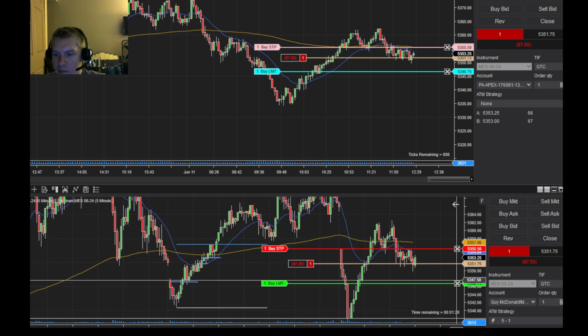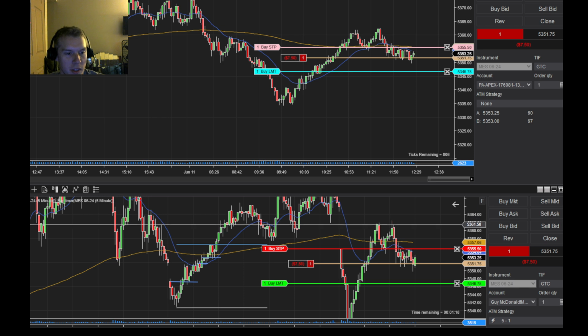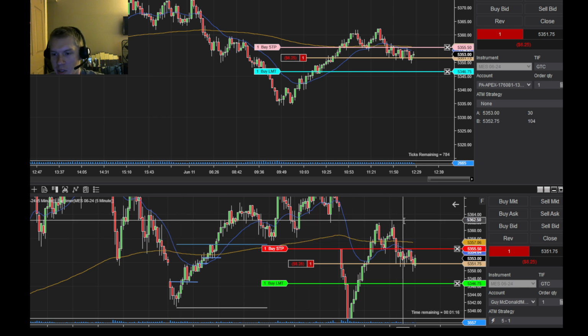So on this trade, I'm risking 3.75 points to make 5 points. So let me double check what the odds are on that, or what the odds I need to win are.